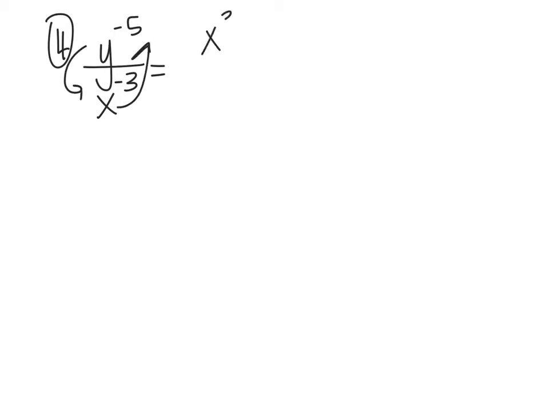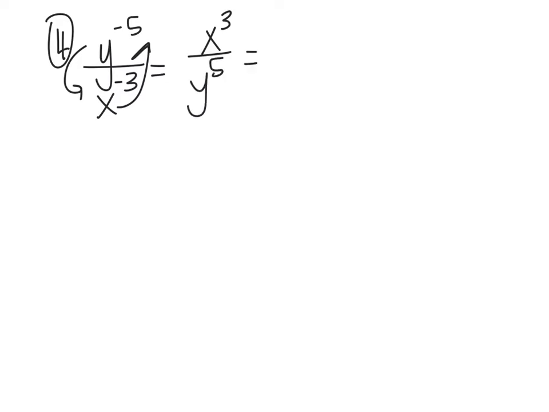Number 4, y to the negative 5 over x to the negative 3. If you just want to deal with those negative exponents first, we're going to move that one to the top and that one to the bottom, and we get x to the 3rd over y to the 5th.